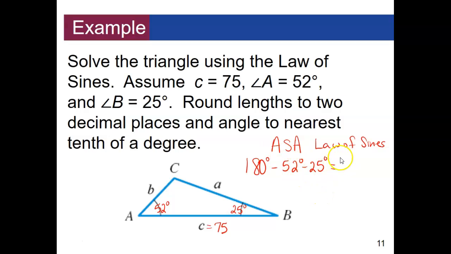If I subtract these, that's going to give me 103. Okay, so this is 103. So you can see that I now have angle C and side C. That's what makes this a candidate for using law of sines.